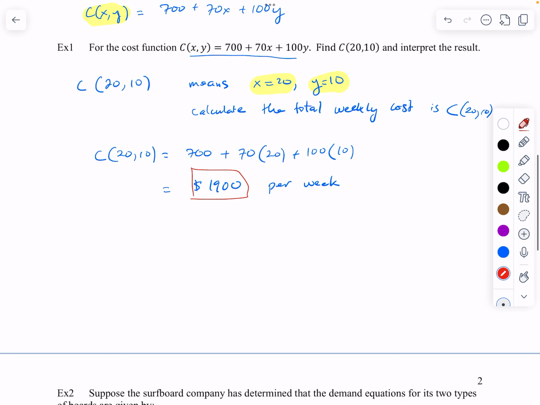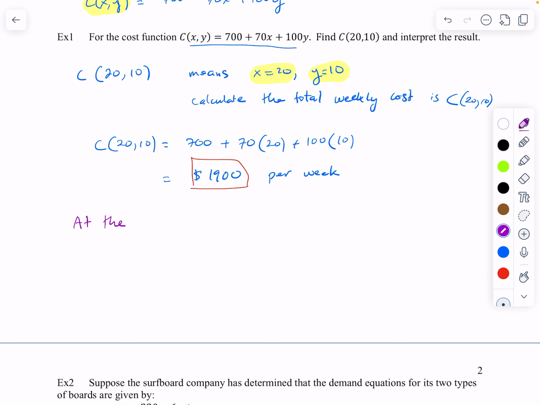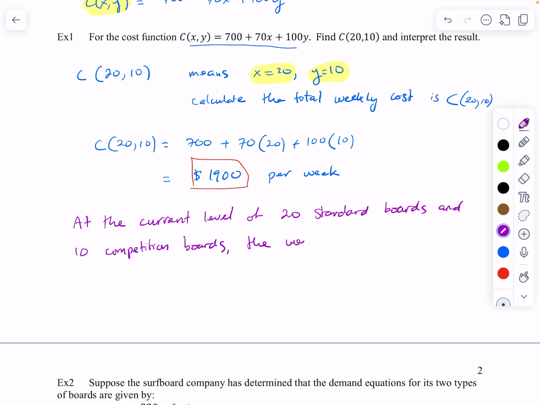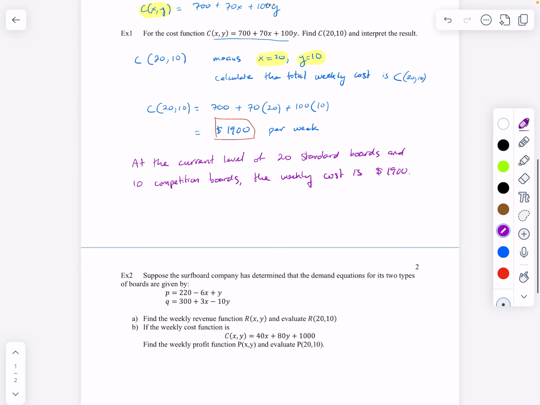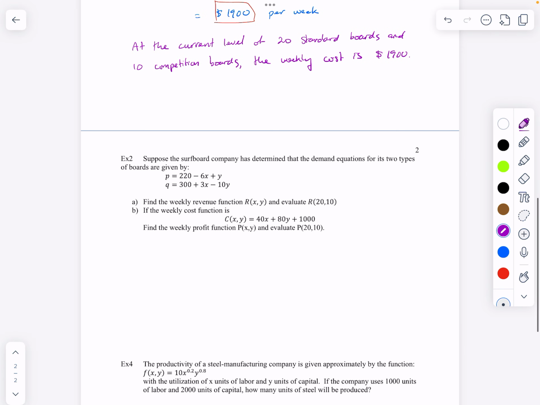So formally, we can say that at the current level of 20 standard boards and 10 competition boards, the weekly cost is $1,900. Okay, very simple.